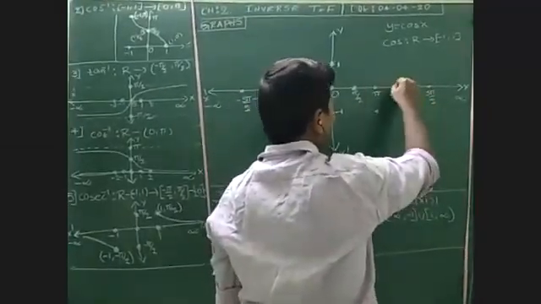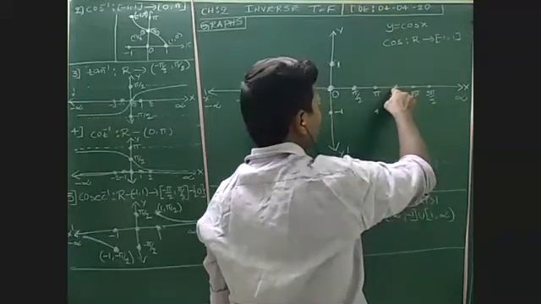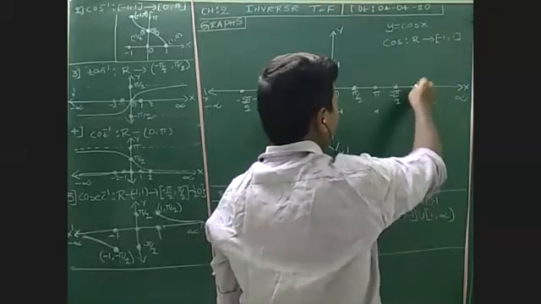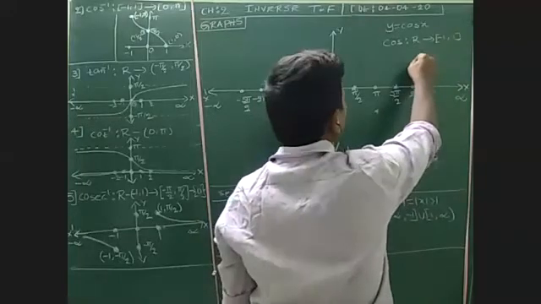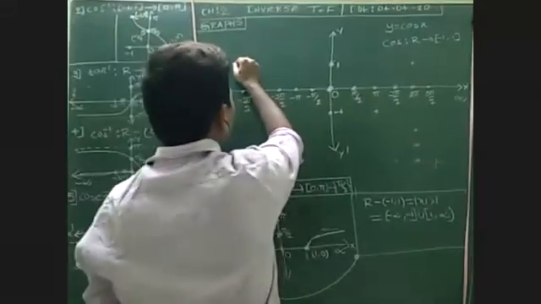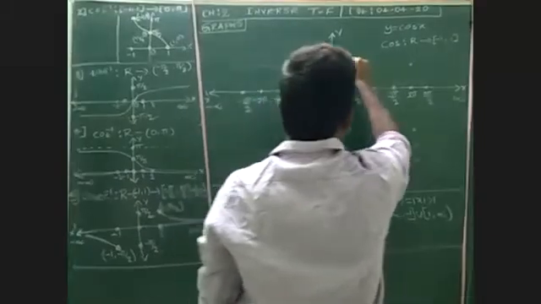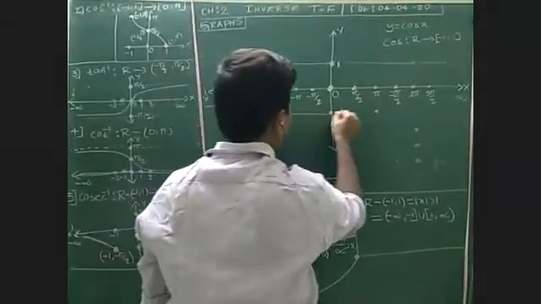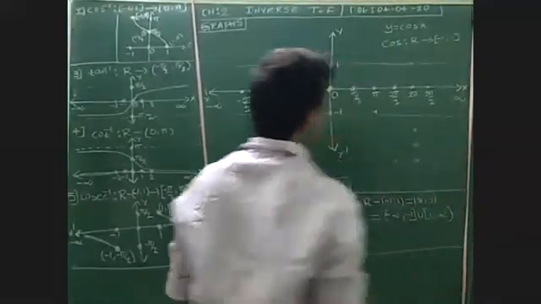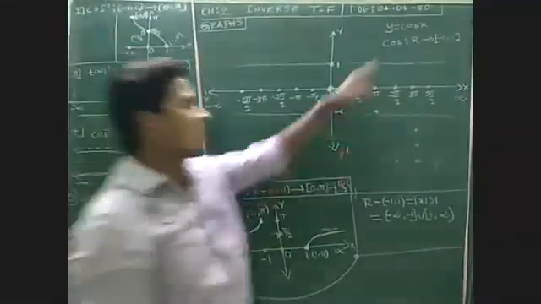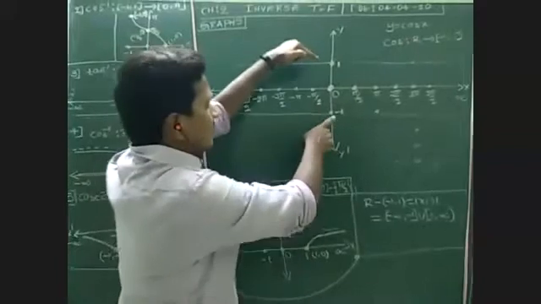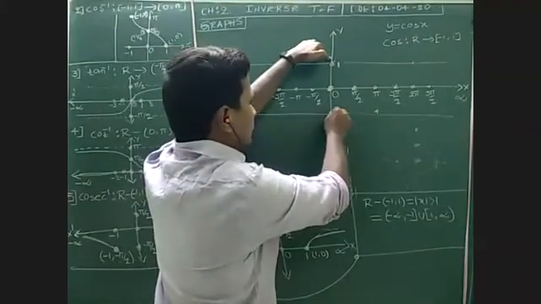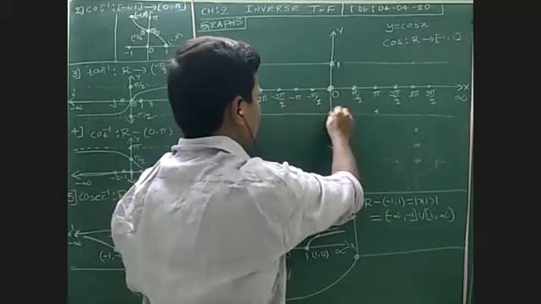Now, cos 270 is 0. Again, cos 360 is again 1. What are the boundary values? Maximum value is 1 only. The least minimum value of cos x is -1. So the graph of cos x will lie between -1 and 1.